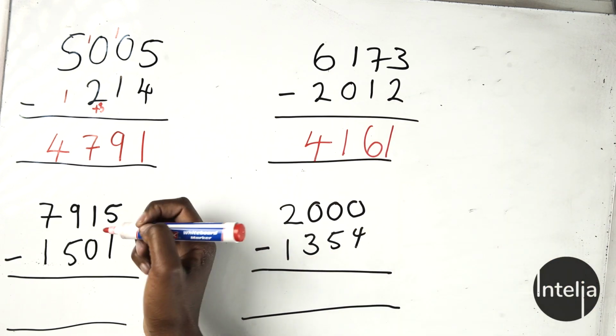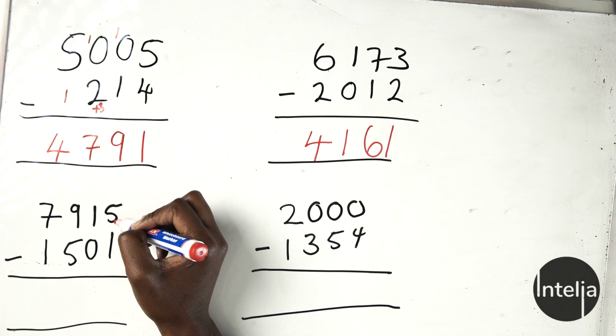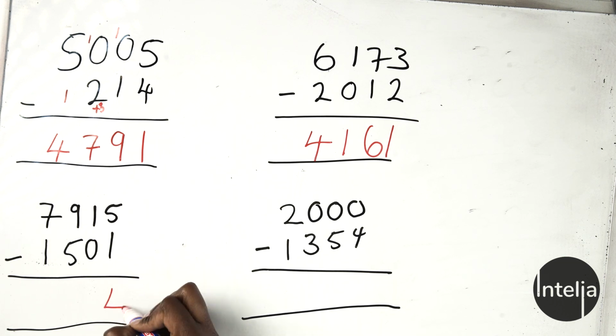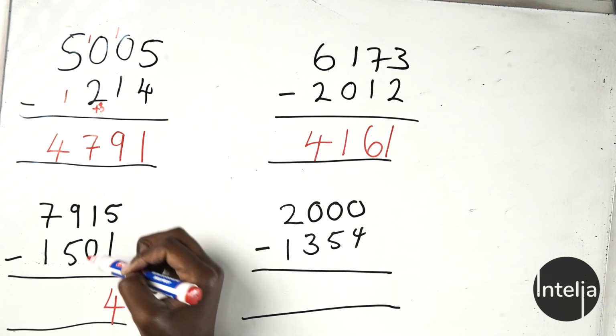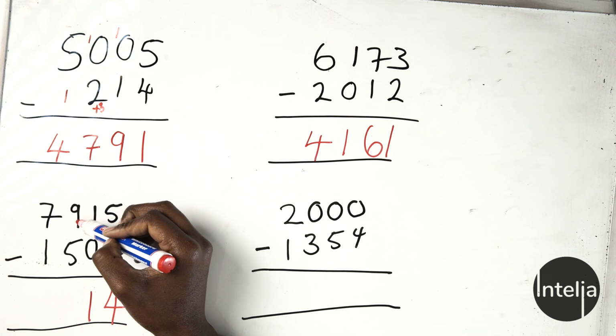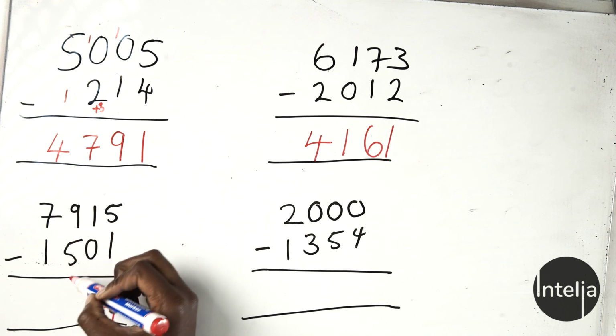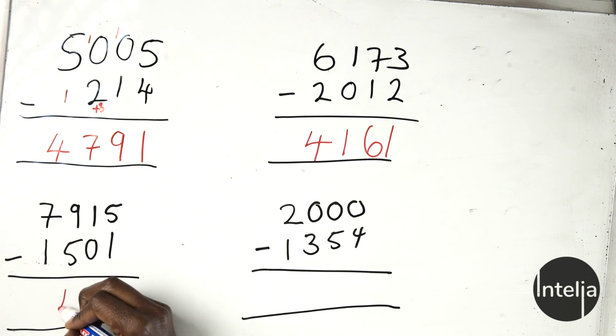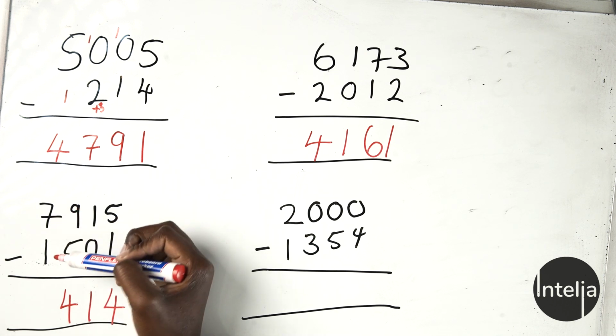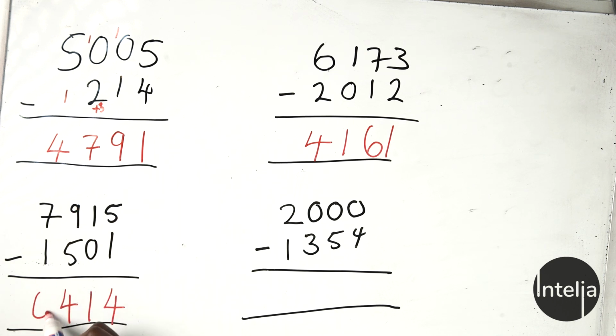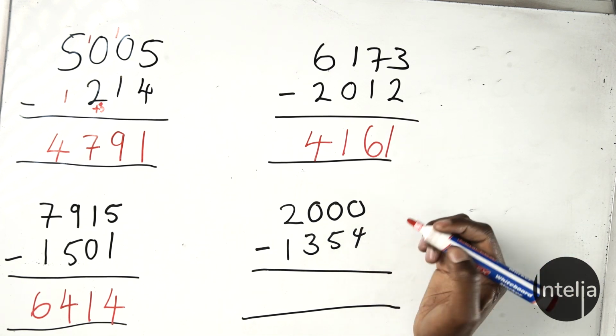We move on to the next one. 5 minus 1, that's 4. 1 minus 0, that's 1. 9 minus 5, that's 4. 7 minus 1, that's 6. You write like this.